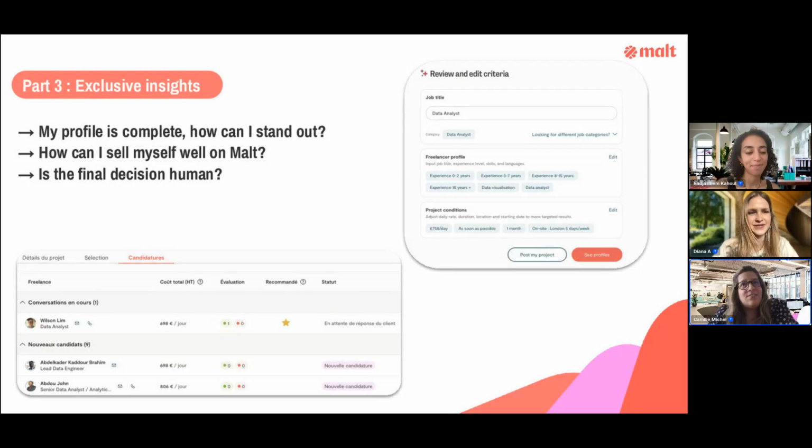Yeah, exactly. It's very reassuring for clients when they can find words very similar to the vocabulary they use every day. So I think it's good when you're specialized in this way. And also we have the industry expertise. So filling in the industry expertise is very important in your profile.